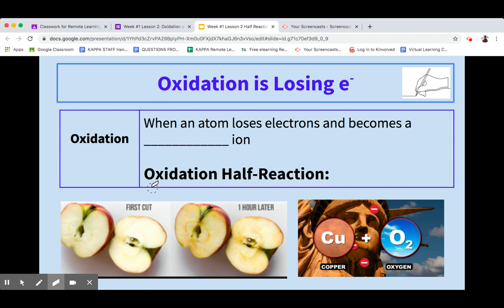Now, where do we see oxidation reactions occur? If you ever notice that an apple will get brown a few minutes after it's cut open, that's because the enzymes are reacting with oxygen and losing electrons, and they're being oxidized. Also, the Statue of Liberty, it's not actually that green color.